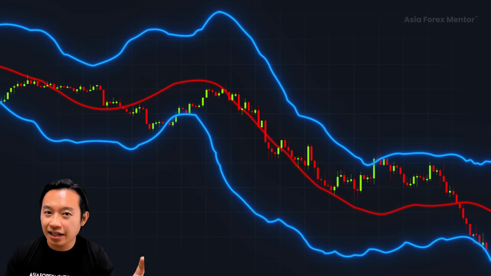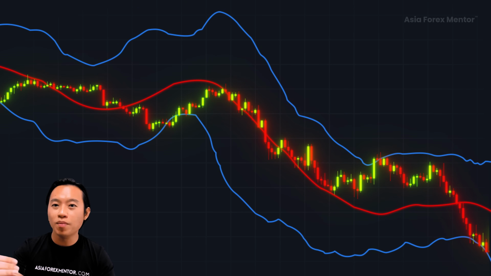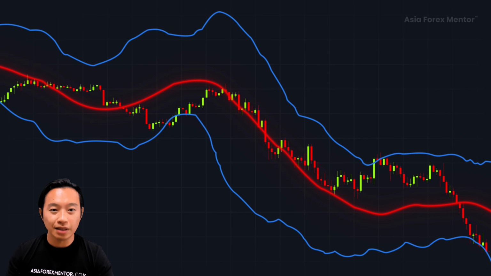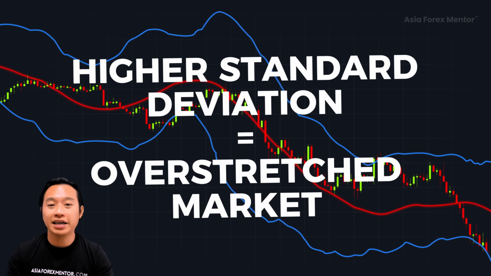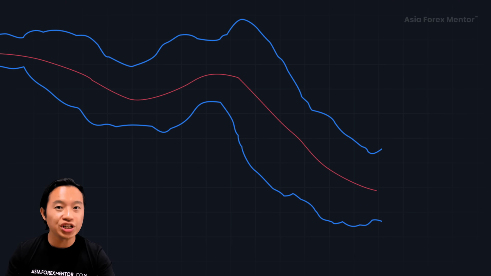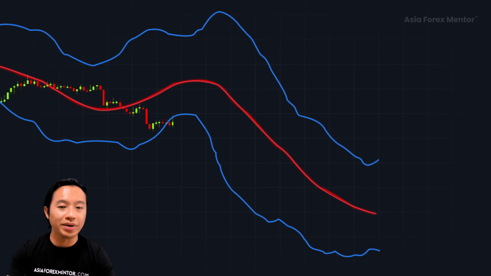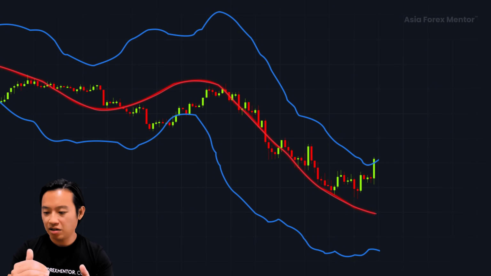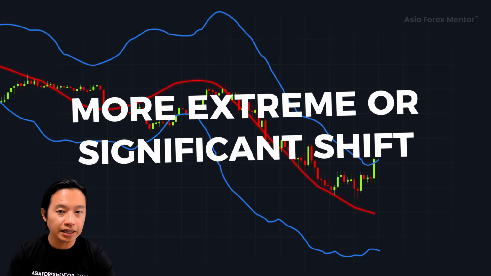The higher the standard deviation, the more extreme the price movement away from the mean. Alright, so the higher the standard deviation, the more overstretched the market becomes. So this means that as the standard deviation increases, price moves further away from its average, indicating a more extreme or significant shift in the market itself.